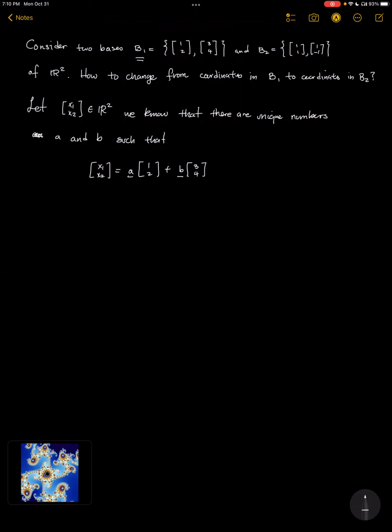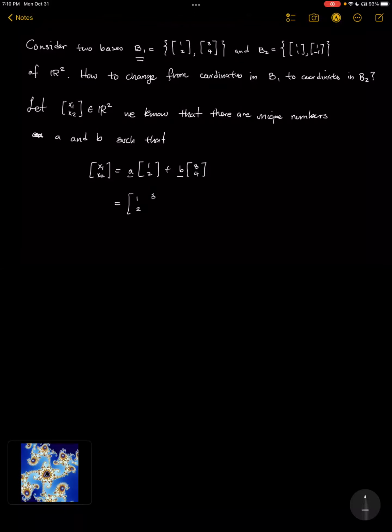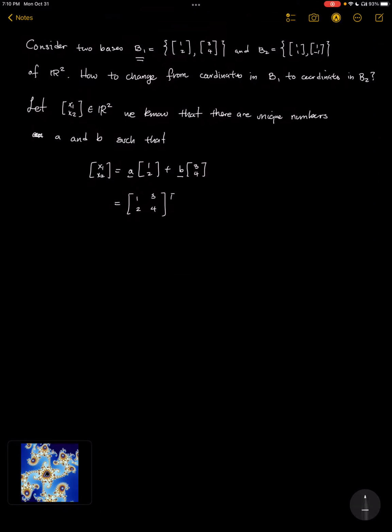Well, but then this equation that we really have here is nothing else but something of the following kind. You may express this as the matrix [1 3; 2 4] times (A, B). Once we have that at our disposal, we have equivalently the following equation.